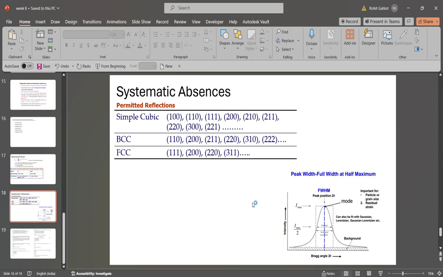So the value of the multiplicity factor is a function of hkl and your crystal system. The relative position of all these planes will contribute in the same way as it enters the intensity equation as a quantity p.